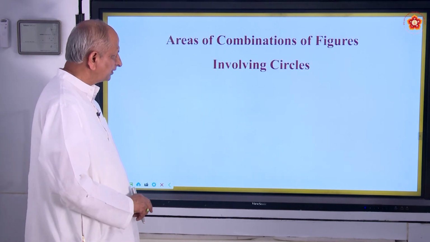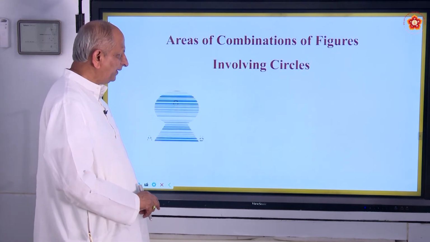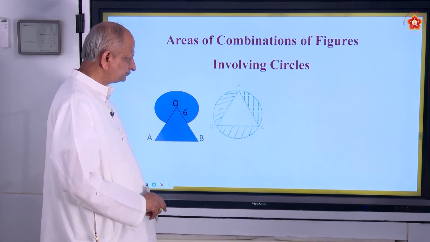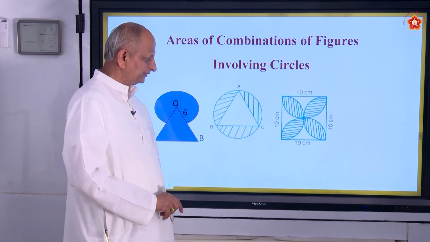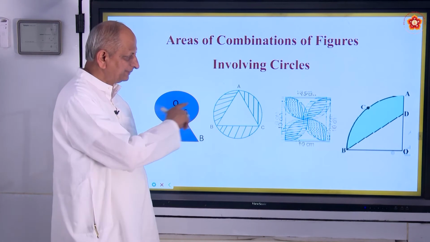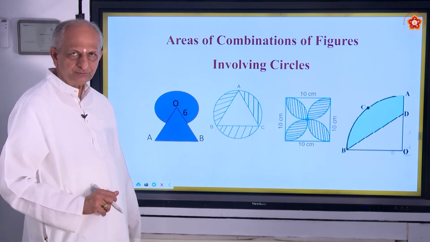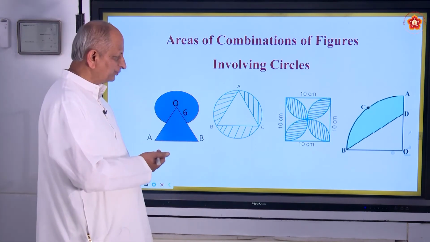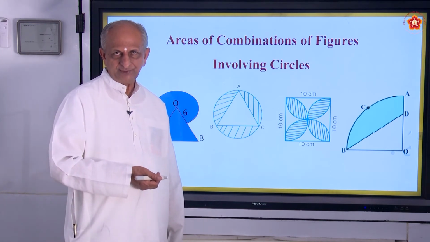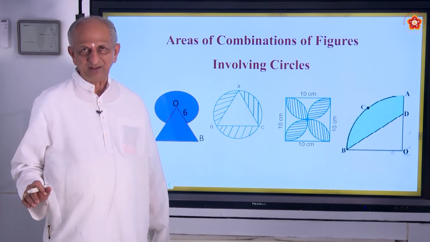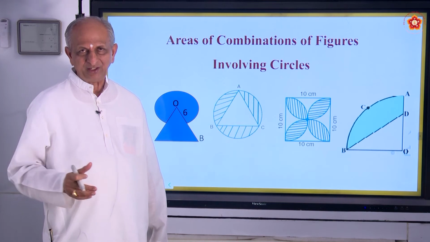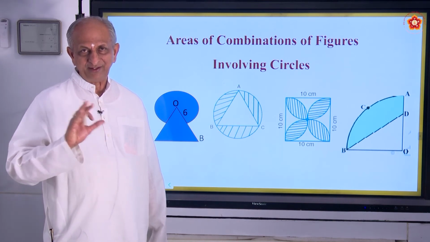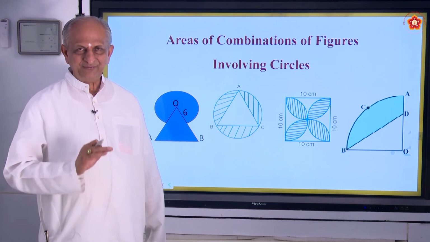Now let us see some combinations of figures involving circles. These are some of the combinations, and you may ask where you want them, especially for tablecloths and screens, which have different designs with different colors.